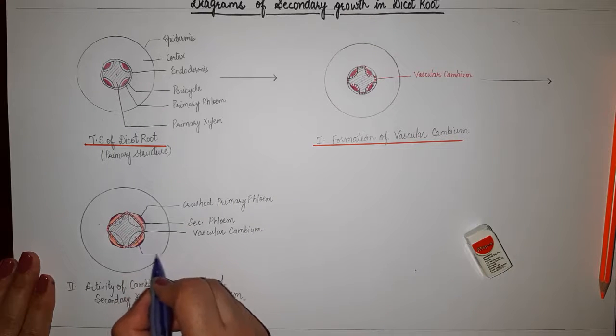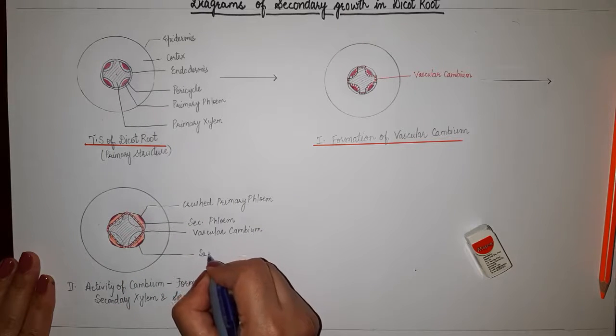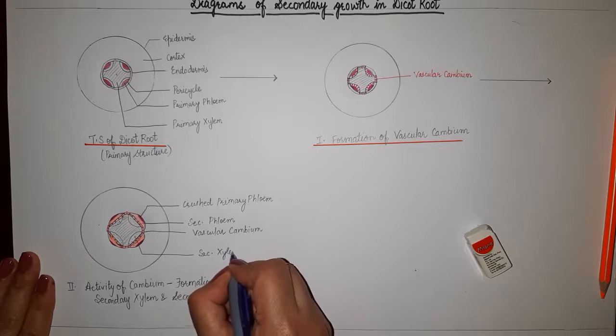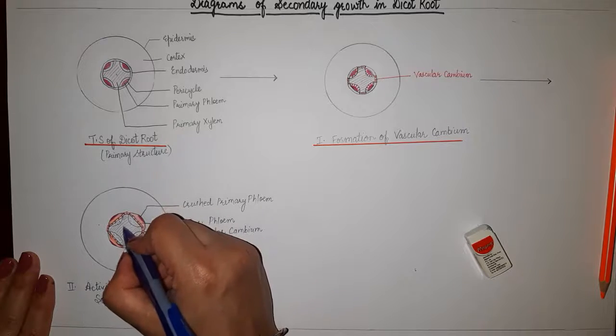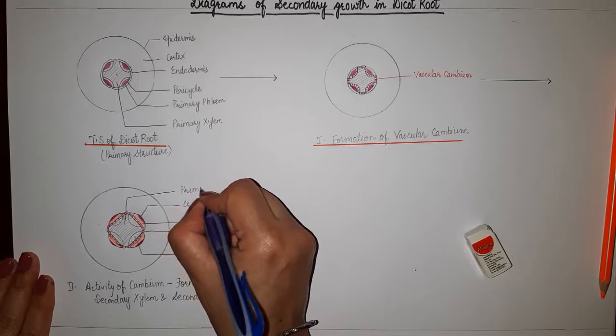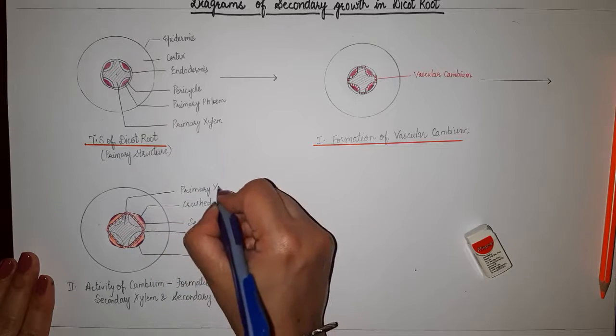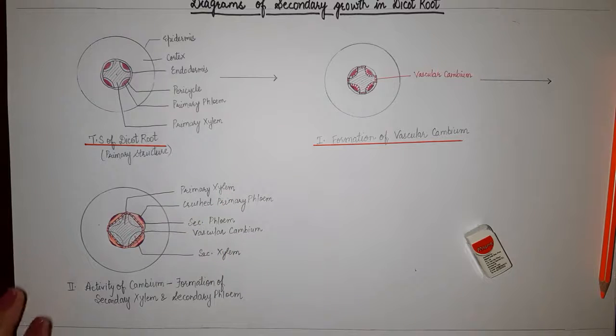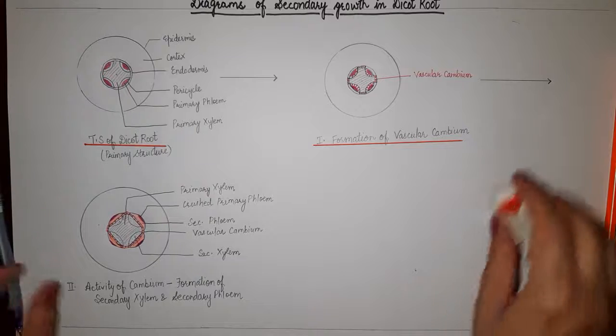The dotted part, secondary xylem, and the central portion, primary xylem. This is how secondary vascular tissues are formed.